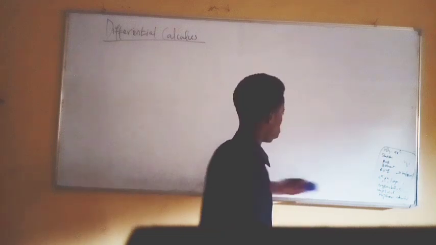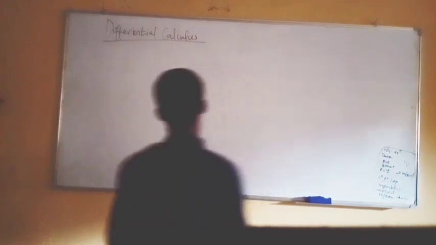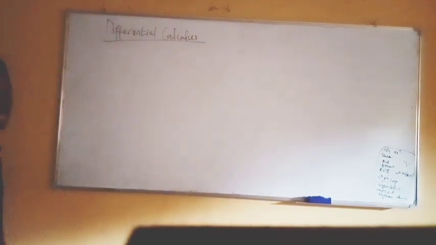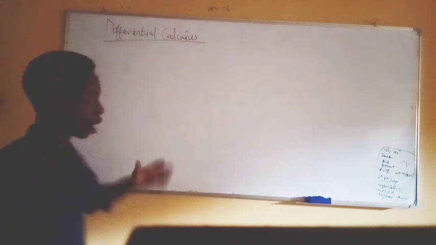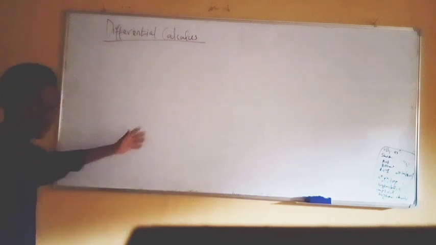So the next thing we are going to look at are different methods that we use in doing differentiation, because first and foremost, not all equations appear in the format I've shown you previously.